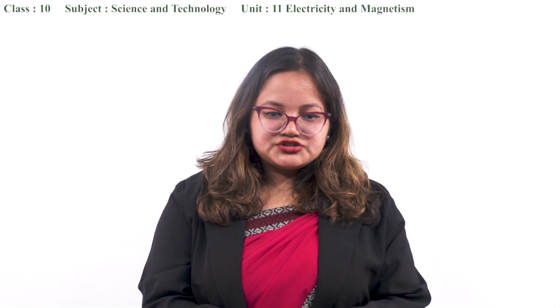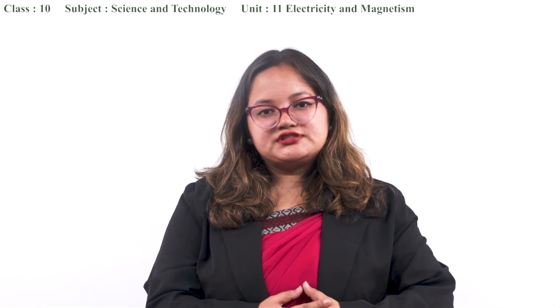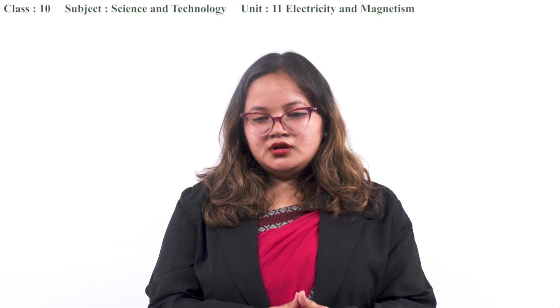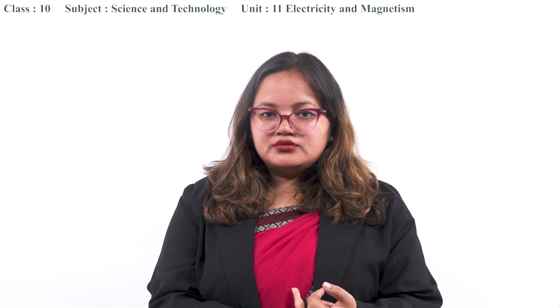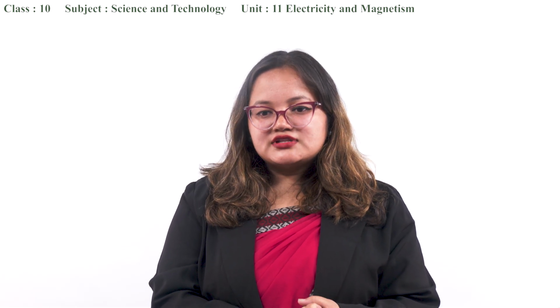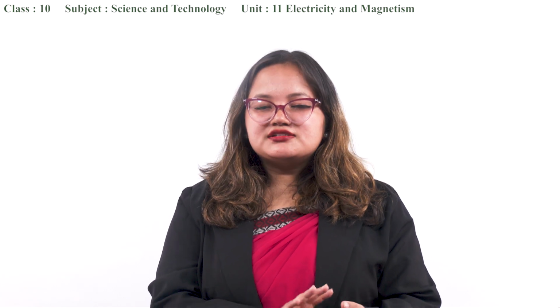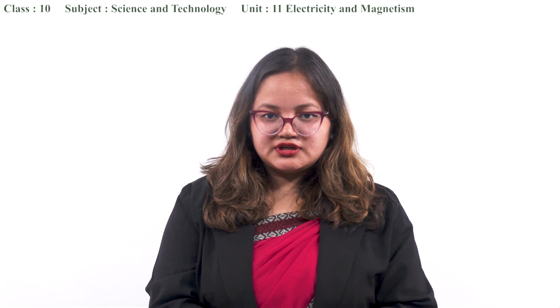And second question, what materials can you think of which will increase or decrease the efficiency of the transformer? One we already know, we are going to use that in our answer. We are using an iron core. So that is a ferromagnetic material.